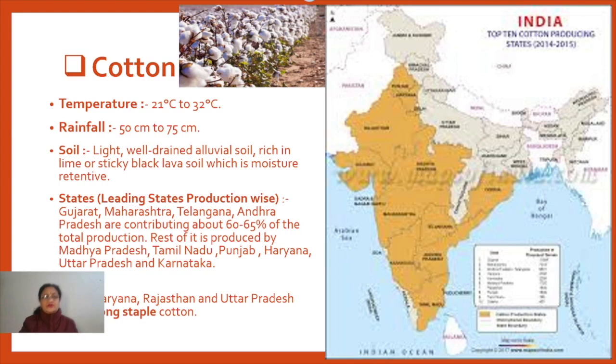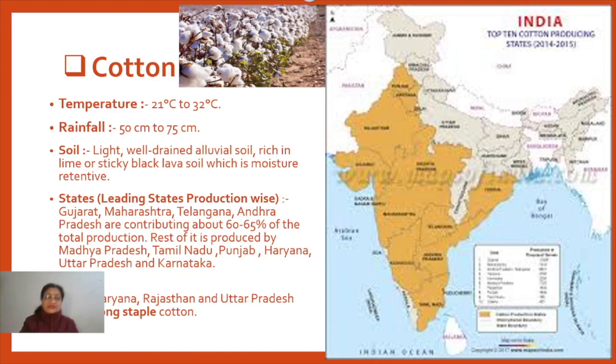A particular duration of 200 frost free days is required for the growing of cotton. That means before the starting of the winter season, it is actually harvested.